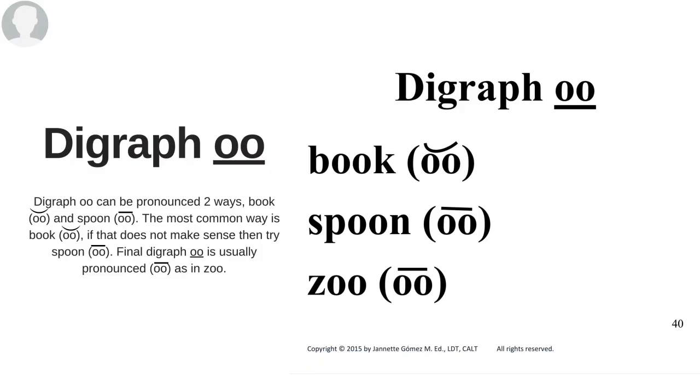Digraph OO can be pronounced two ways, book and spoon ooh. The most common way is book. If that does not make sense, then try spoon ooh. Final digraph OO is usually pronounced ooh, as in zoo.